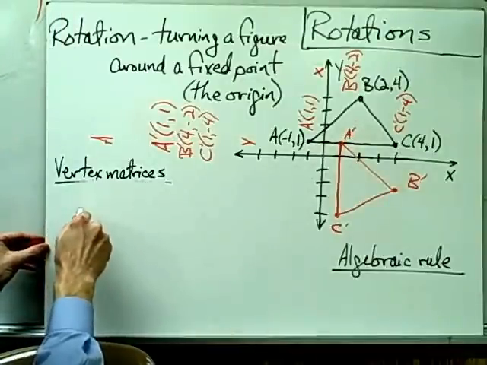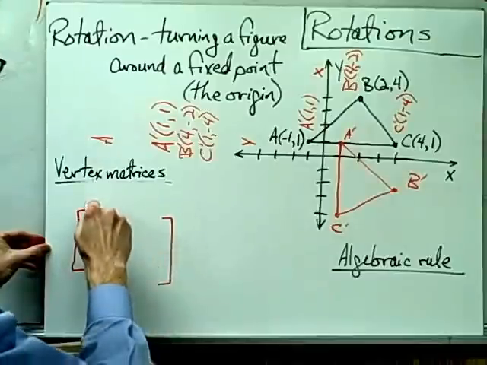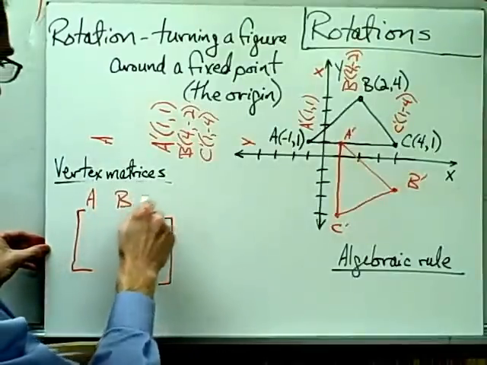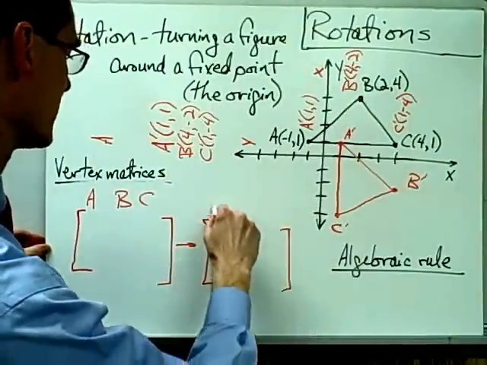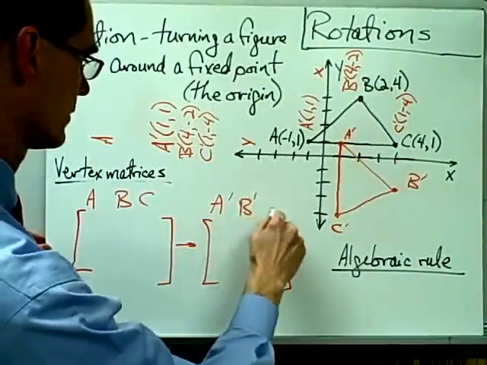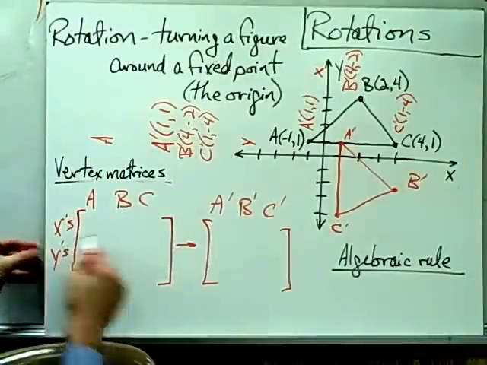So let's write down our vertex matrices, my original vertex matrix and my transformed vertex matrix. My x's are on top, my y's on the bottom.